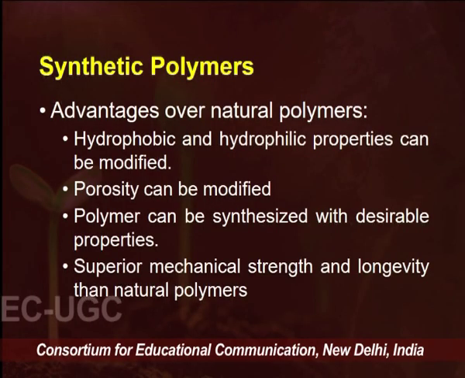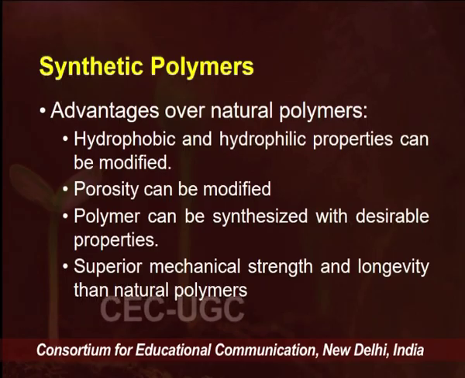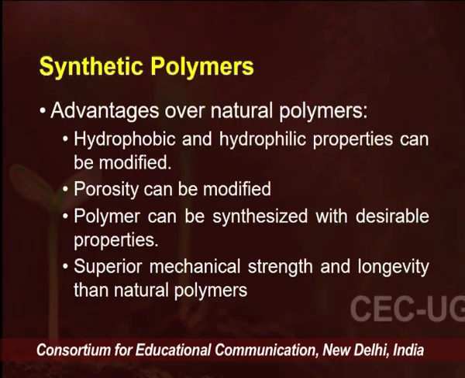Now we will discuss certain synthetic polymers that are used for the entrapment or immobilization of plant cells. As we briefly discussed, synthetic polymers have certain obvious advantages over natural polymers. The hydrophobicity and hydrophilicity of these polymers can always be modified by modifying their chemical structure.